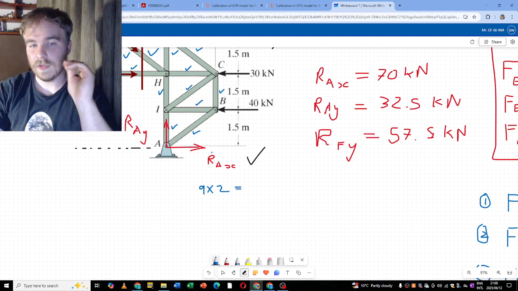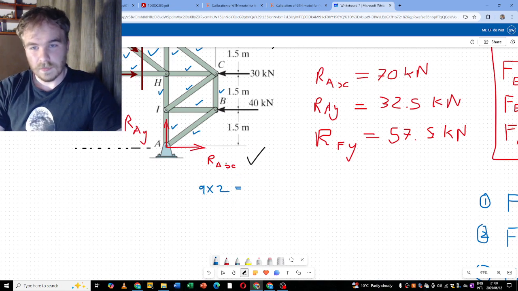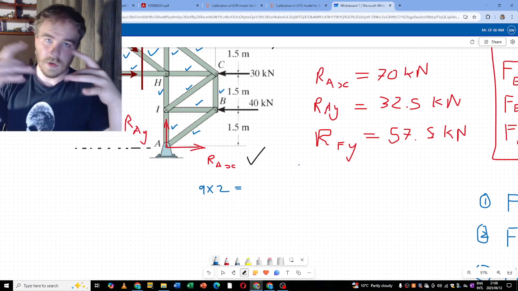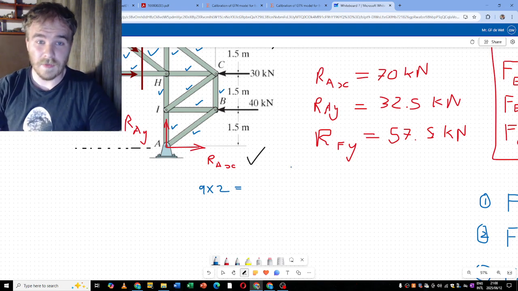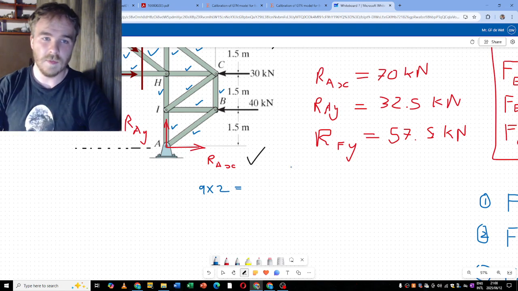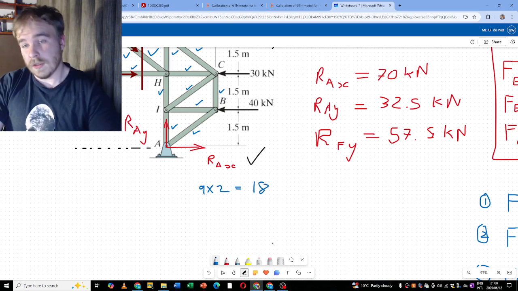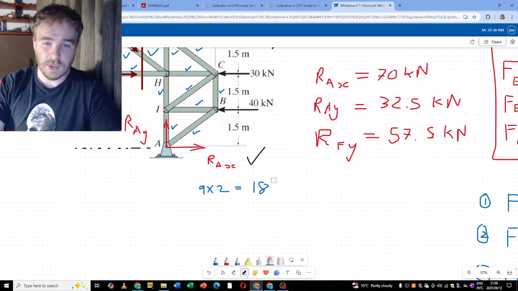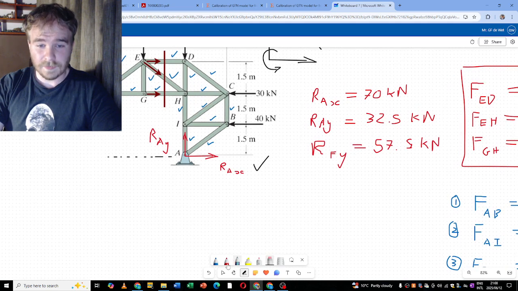We can only get sum of forces in x and sum of forces in y. Moments don't work if all of the forces go through a single point. So there are 18 equations and we want to calculate 15 forces, so we have more than enough equations for the amount of forces that we want to calculate. So great, that is fantastic.